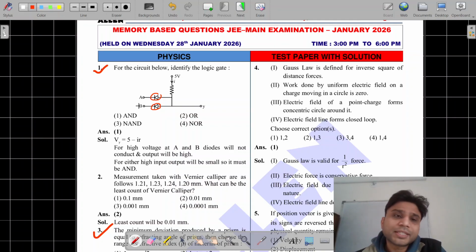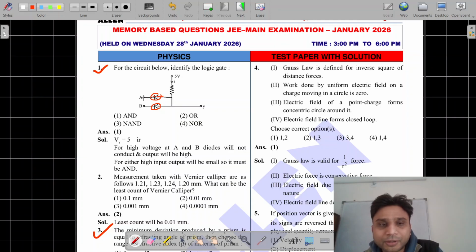Low voltage state indicates that the current going from 5 volt to A would actually make the diode A forward biased.